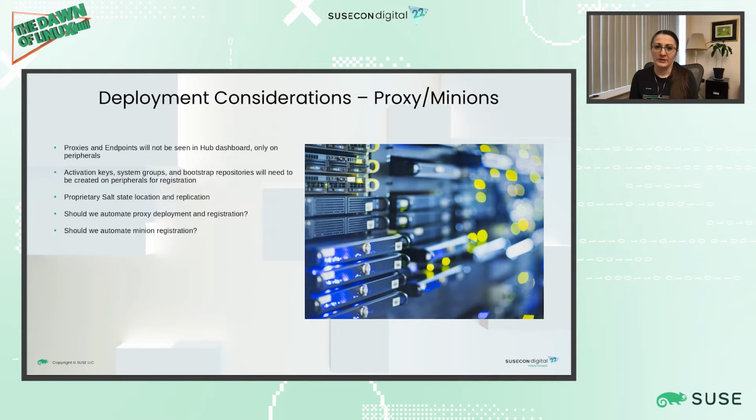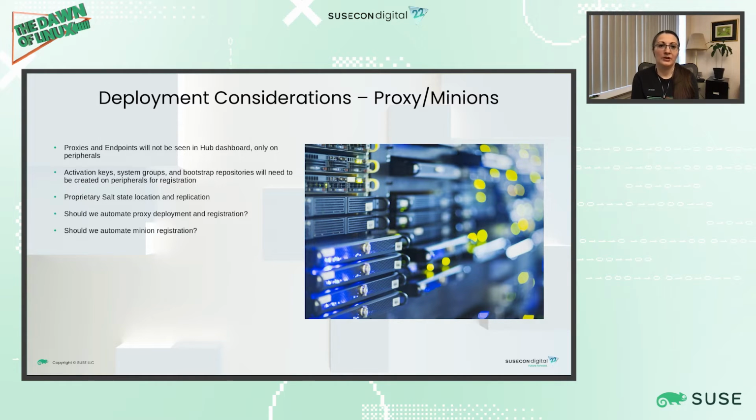There are also some deployment considerations for the proxies and the minions. The proxies and endpoints are not going to be seen in the hub dashboard or the web UI on the hub. Only peripherals are going to be seen and registered to the hub, which means that all the activation keys, all the system groups that you want to create, and bootstrap repositories do not need to be created on the hub.